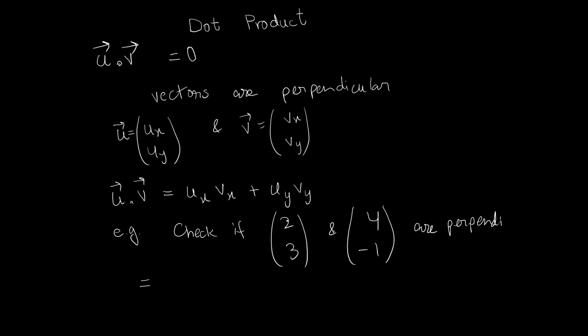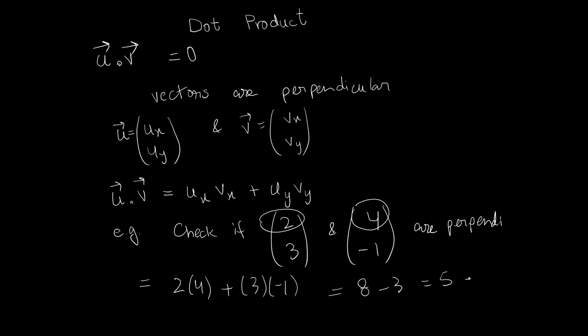So x component with x component, 2 times 4, which is 8, plus 3 times 1, which is equal to 11, which is not equal to 0, therefore they are not perpendicular.